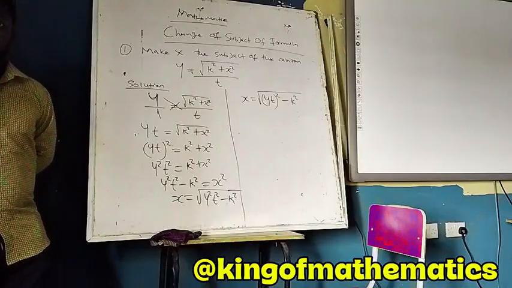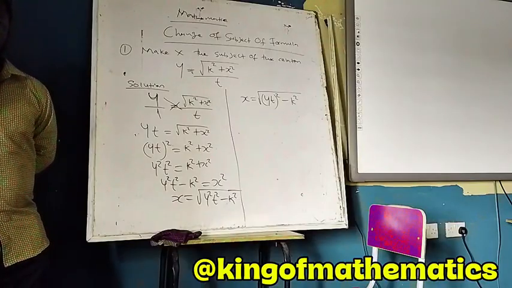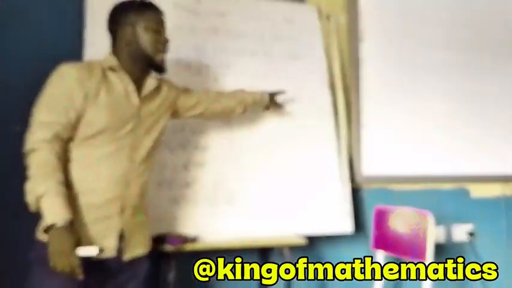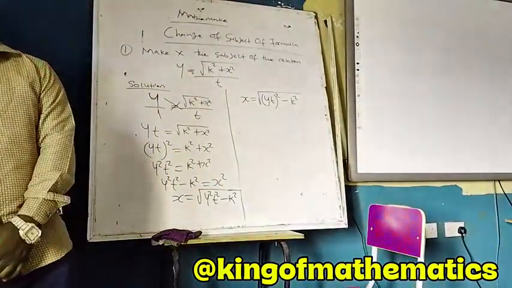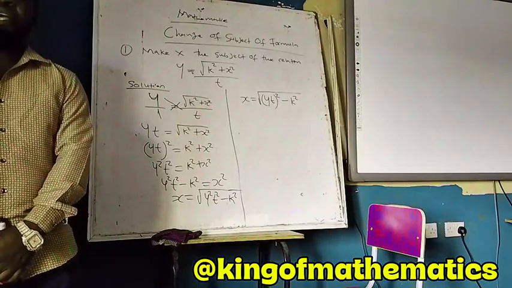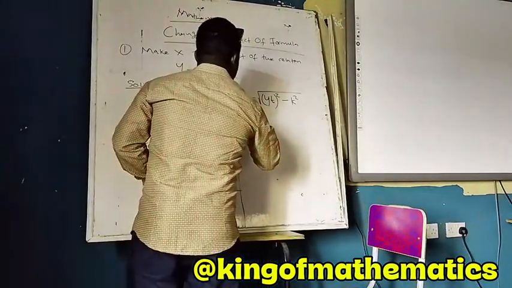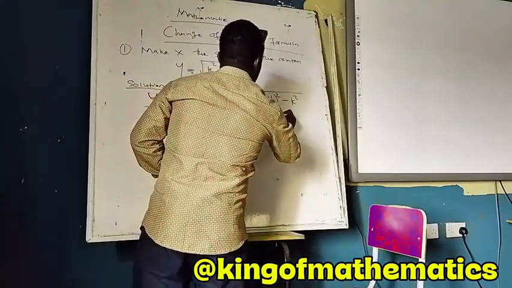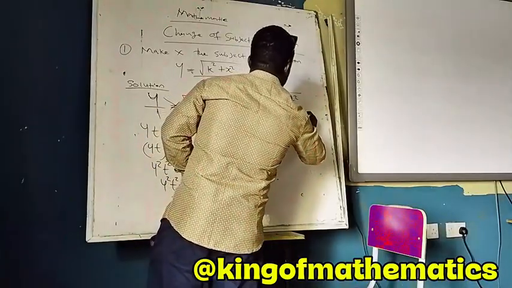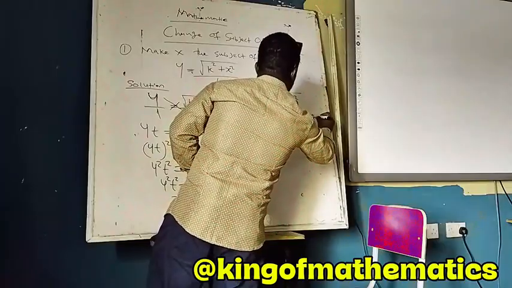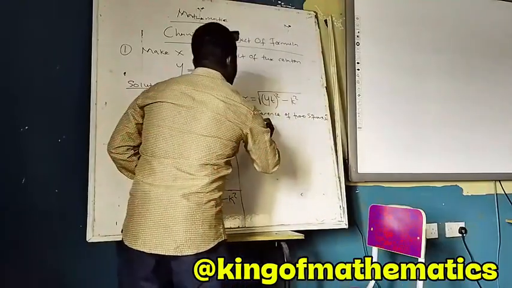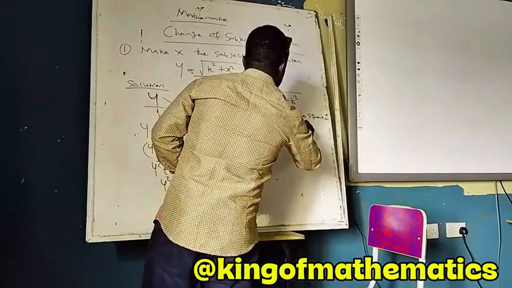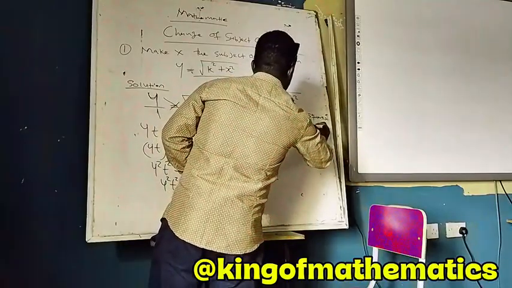Since you have both squares, you just remove the square root sign. Okay, well, that's not it. What comes to your mind when you look at this is the difference of two squares. When you have a squared minus b squared, it is always equal to a minus b into bracket a plus b.